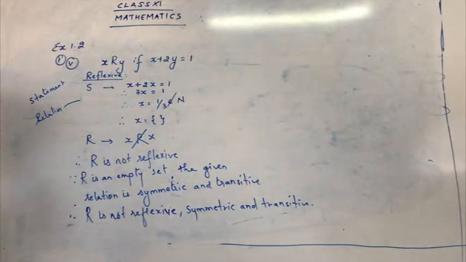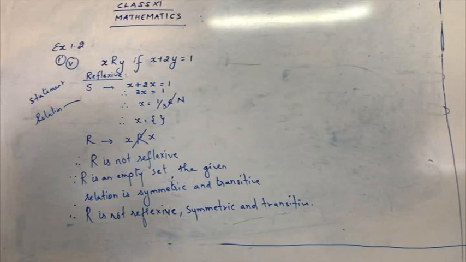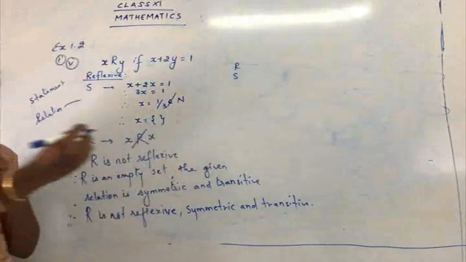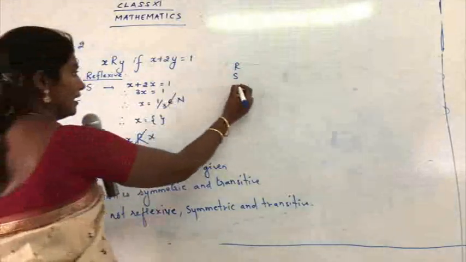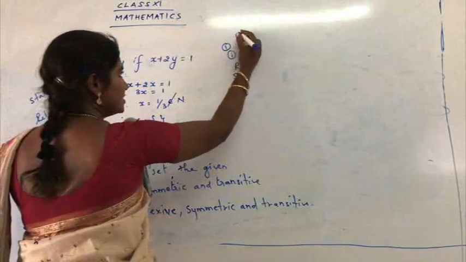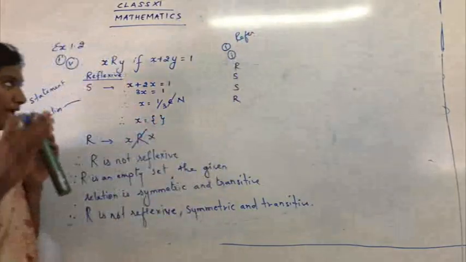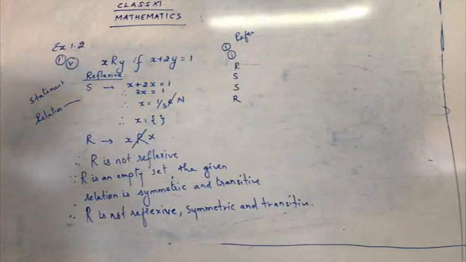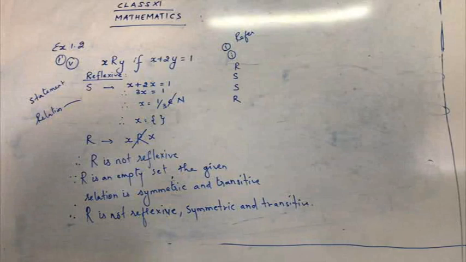So in that, the reflexive part we have written, just you have to add 1 point in symmetric. See there, under symmetric, you have written 4 rules. Yes, children? First one was R, then it was S, then we have written again S and R. Yes, children, this is from sum number 1 first subpart. I'm just saying to refer, you have to take back, do not write anything, you have to just refer your sum number 1. The first part was okay. The second part, you have to just add over there one thing.